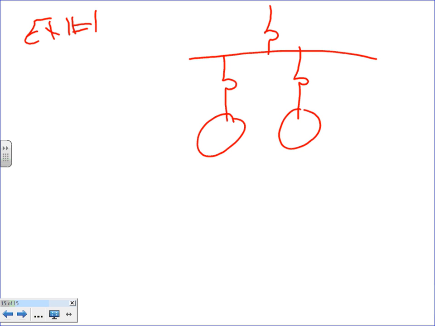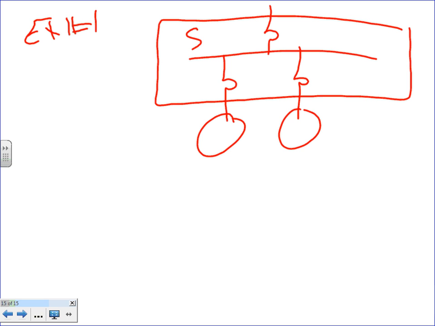Here's my switch gear. I need to add power factor correction here, fused, with a capacitor bank. I need to correct the power factor for this system.